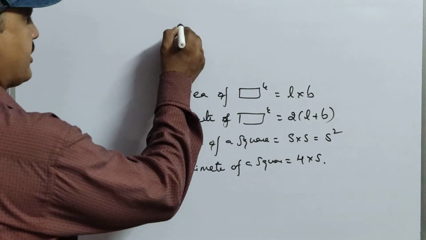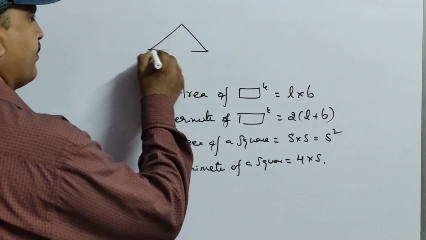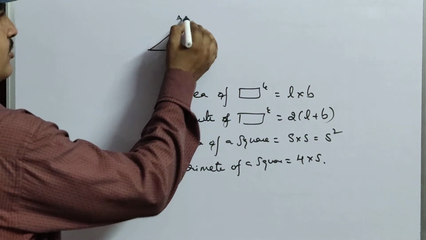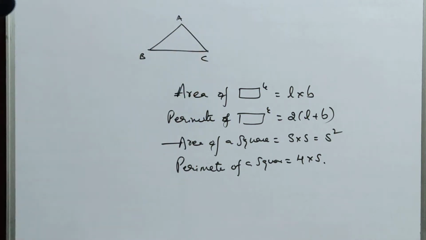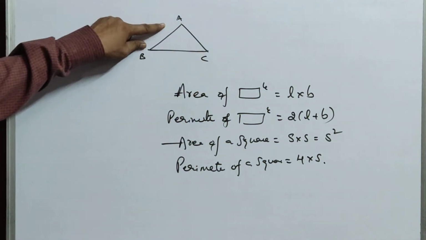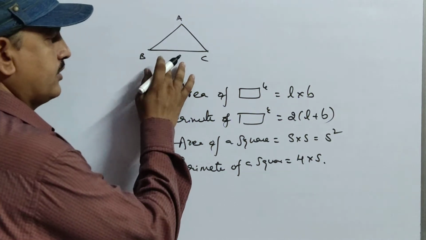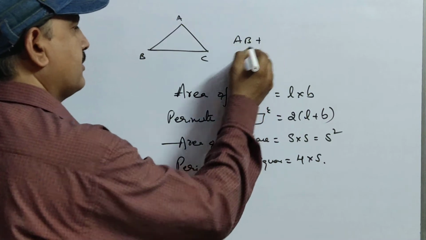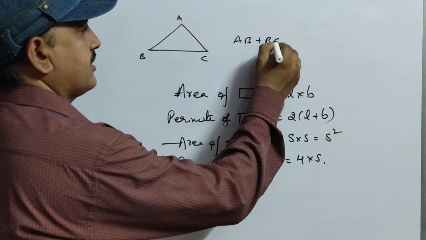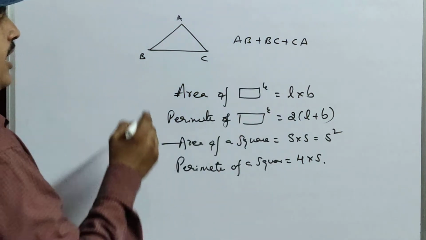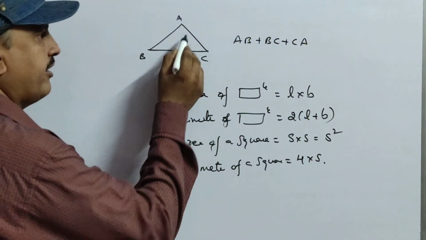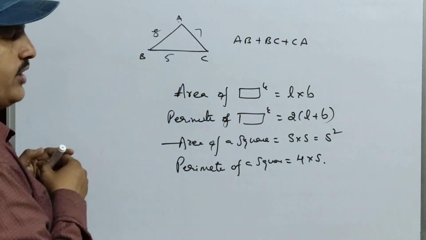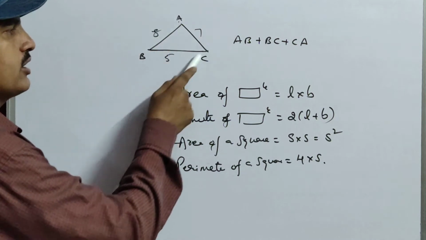Suppose it is a triangle like this, and they ask for the perimeter. Suppose I take the name of this triangle as ABC. If I ask what is the perimeter of the triangle, it means AB plus BC plus CA. Suppose BC is given as 5, AC as 7, AB as 8. Then if they ask for the perimeter, we have to add all the three sides.